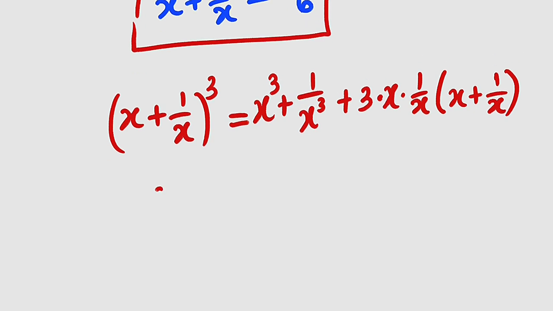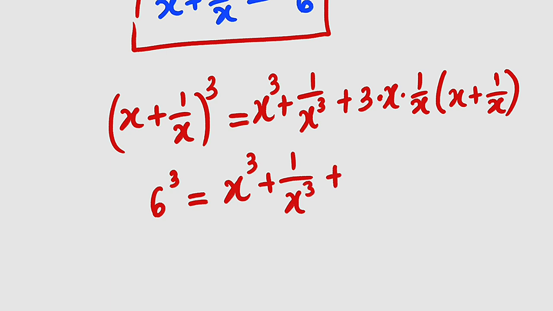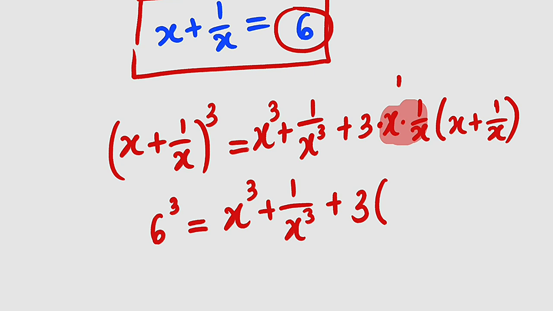So we can replace this with 6 raised to the power of 3 equal to x to the power of 3 plus 1 divided by x to the power of 3 plus, you know that if you multiply x by 1 divided by x, that will give us 1. So this is just 1 times 3, which is 3. Then multiplied by, this is another 6 because x plus 1 divided by x is equal to 6. So we have 6 here.